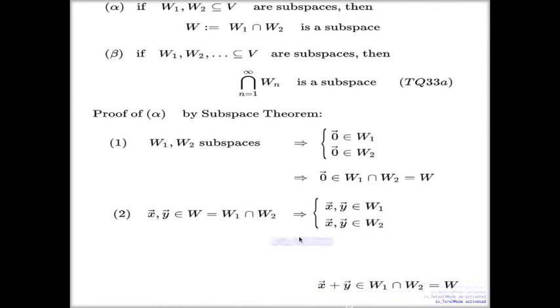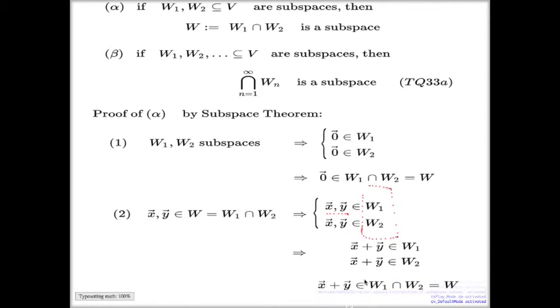The next step leading towards the objective is that W1, W2 individually are subspaces. For them, the second criterion of the subspace theorem is satisfied. So I can claim now that if I add x and y, the sum will be in W1, because x and y are in W1.